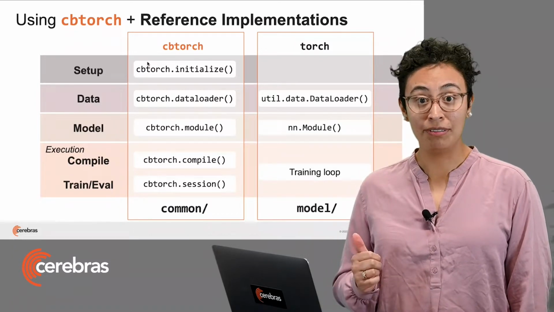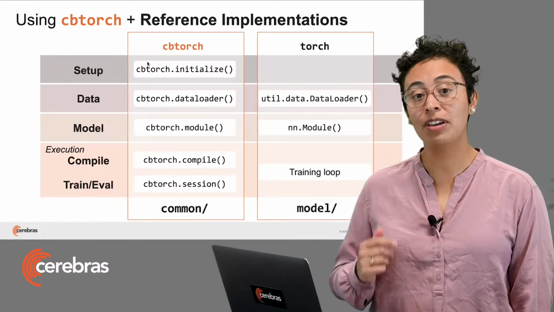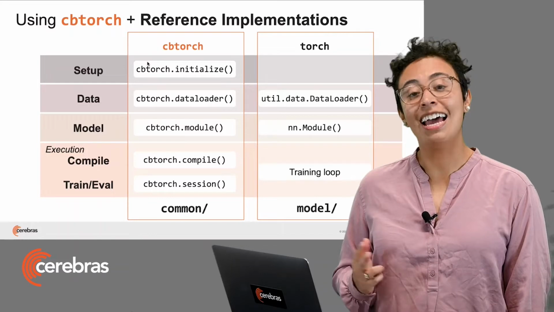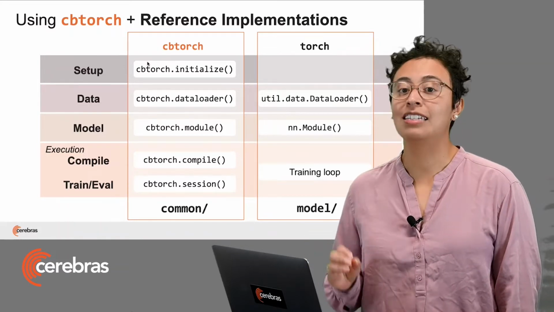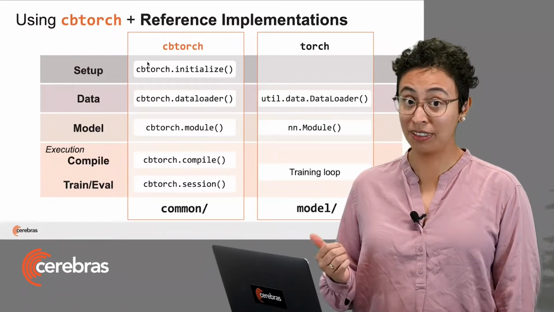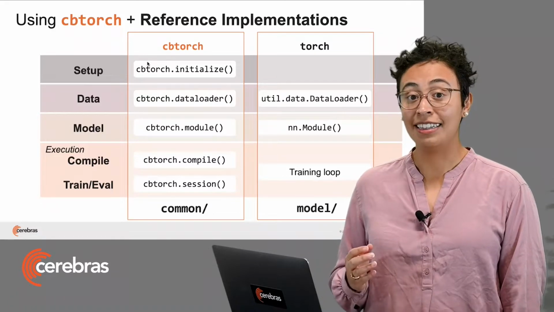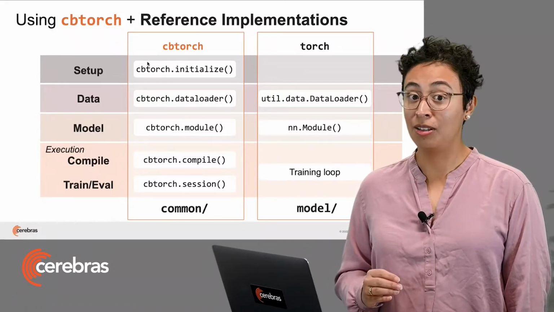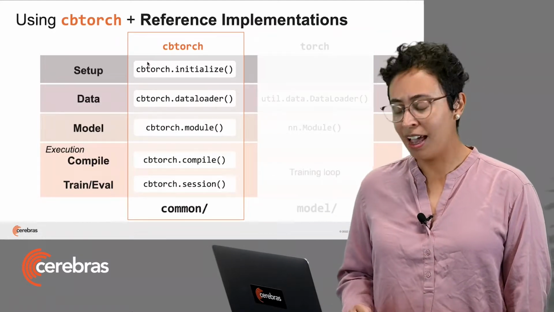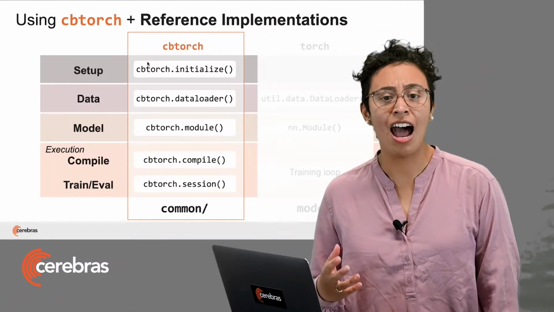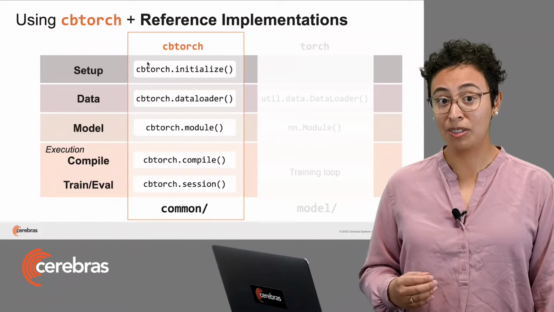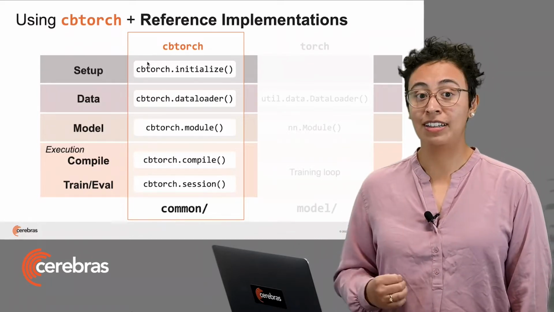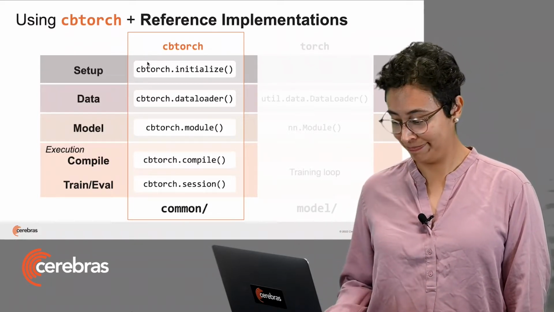One is called common, which is where we find all of the calls to CVTorch, and the second is specialized for each model, in this case BERT and FC-MNIST. Inside this folder, you will only find code that is using Torch. So let's go deeper and learn how common uses CVTorch to handle the four different steps for our code.